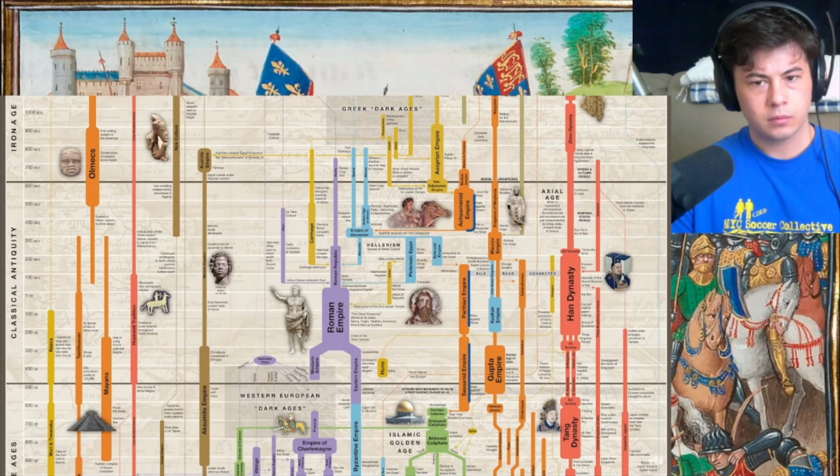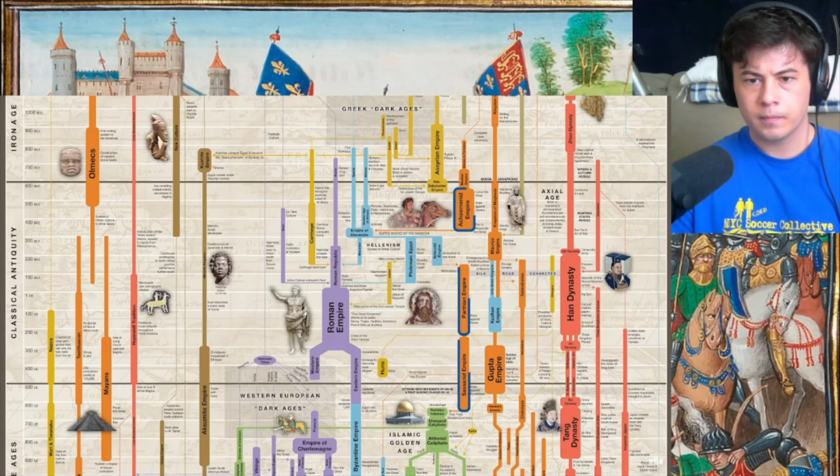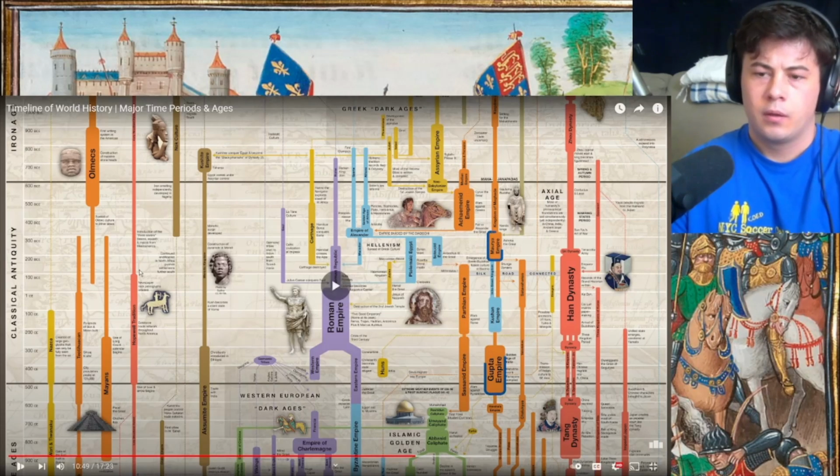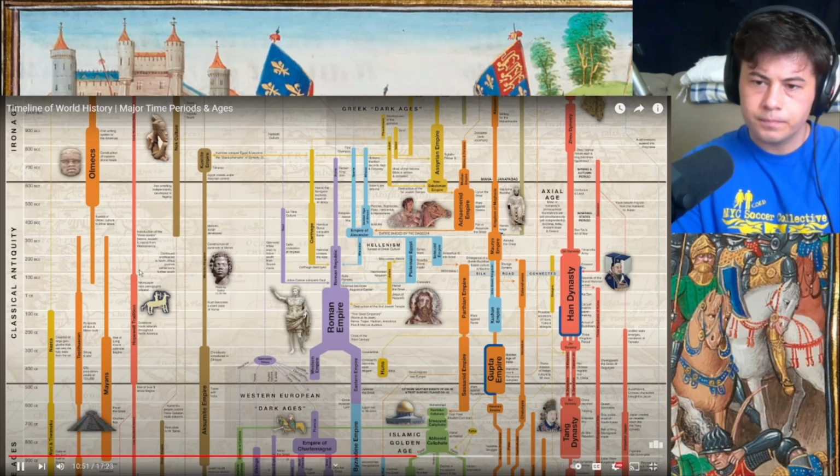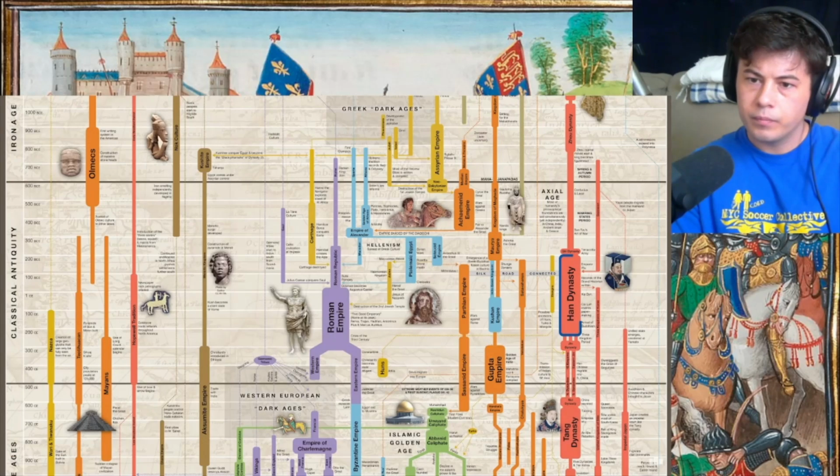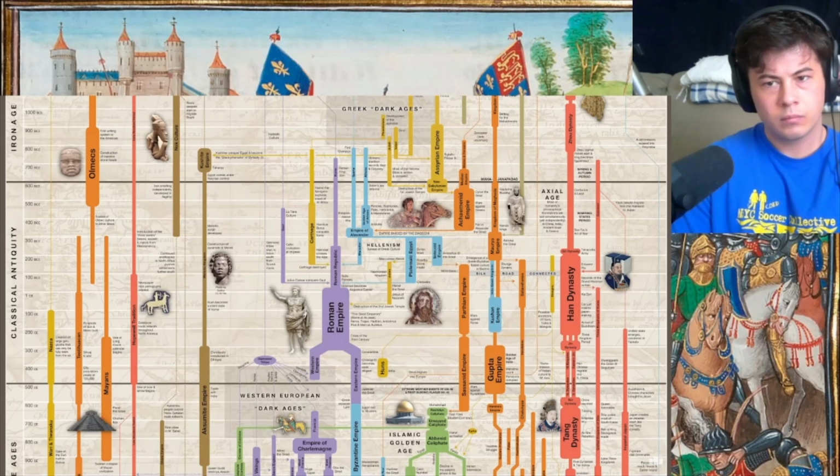There were also the three mighty Persian empires, the Maurya and Gupta empires in India, and the first imperial dynasty in China. Eventually, a trade route between all these areas opened up, known as the Silk Road, and thus the western parts of Eurasia and the eastern parts of Eurasia were connected for the first time.